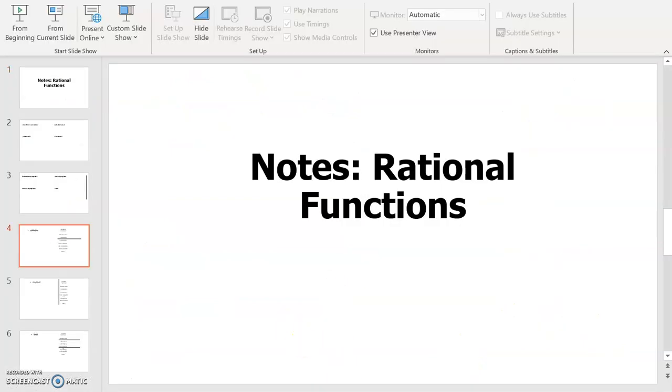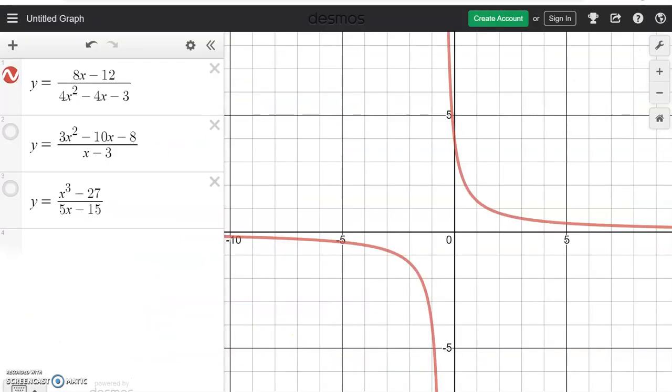I do want to show us what this graph looks like. I cheated and typed it into Desmos. But here's the graph of this one. I know the hole is not quite showing up because of the way the graph does, but we know technically at 3/2, 1, there is a hole in the graph. So this graph is actually non-existent here. That would be an open circle.